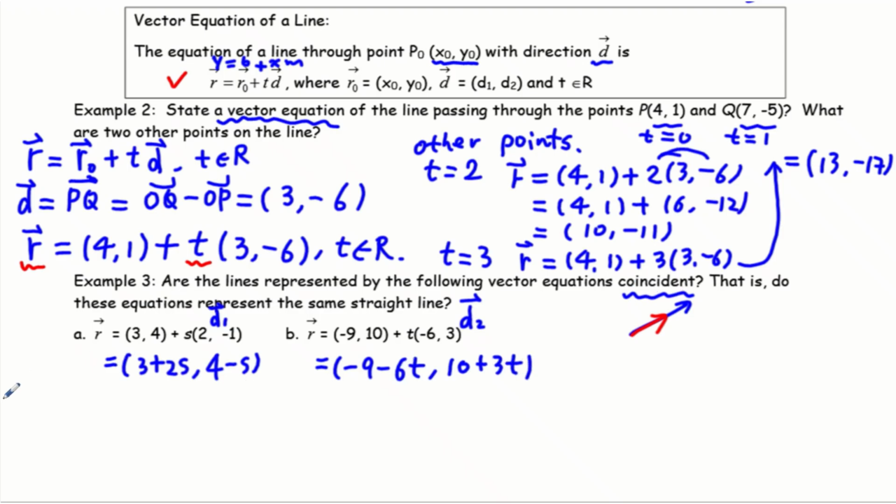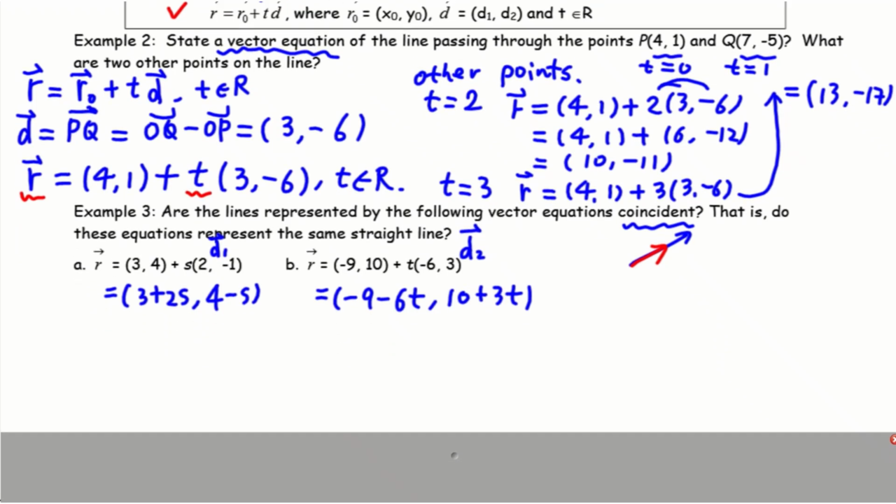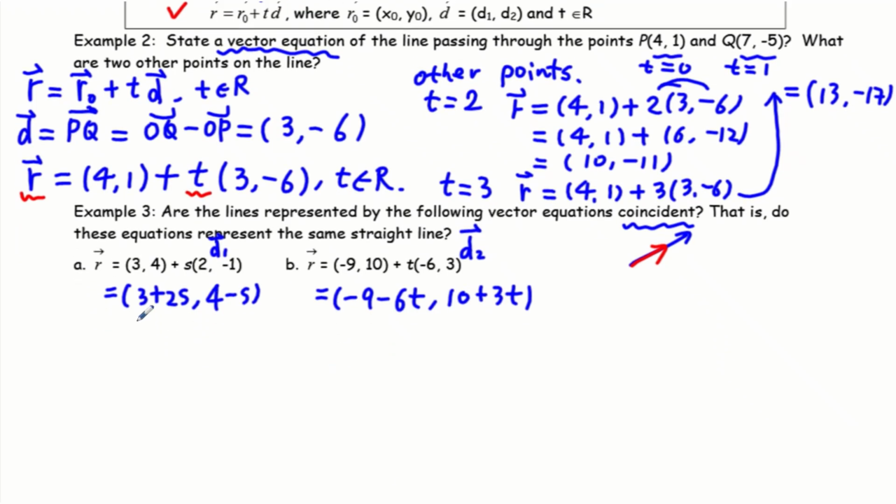If they are the same line, it means we should have the x coordinates and y coordinates equal. So 3 plus 2s equals negative 9 minus 6t, and 4 minus s equals 10 plus 3t.